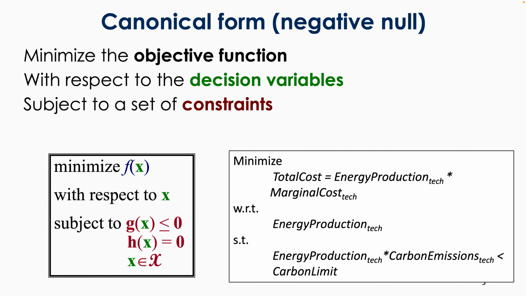So I'm allowed to affect the energy production for different technologies, right? And so here, if I'm trying to minimize this, so ignore this for a second, who can tell me what value I should be putting in for energy production in order to get the smallest total cost possible? Zero? Yeah, zero. So close, but actually this is totally unconstrained, so I would choose negative infinity, right?